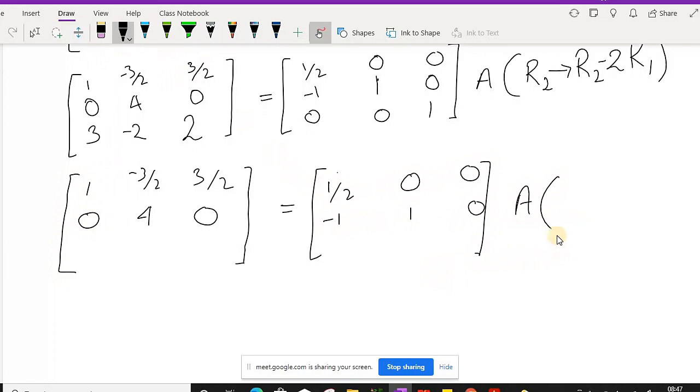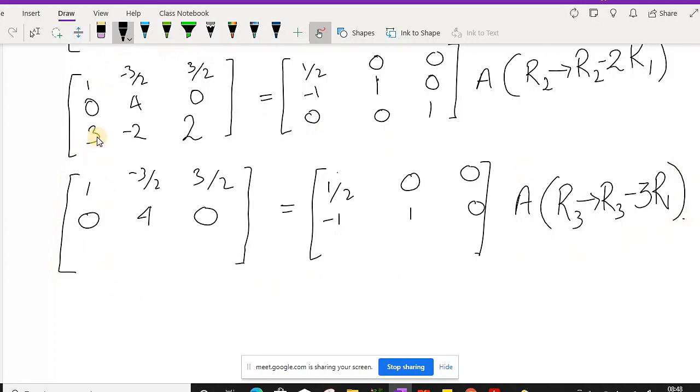So what you will do, you have to apply R3. So we have to change R3. Here you have a 3, so you have to put minus of that: R3 changes to R3 minus 3 R1.